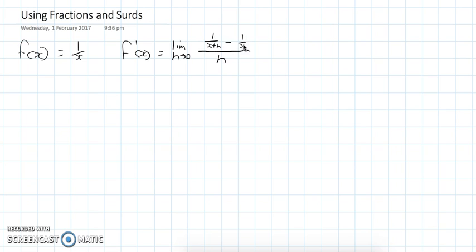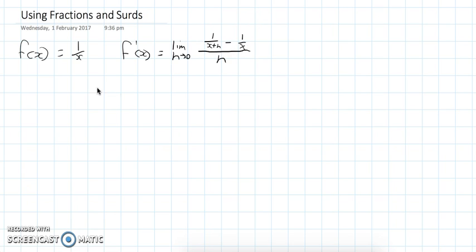So how are we going to work out, how do we fix all of this? Because at the moment it looks pretty ordinary. Well, let's just take the top bit here, and what we're going to do is multiply both sides here by our lowest common denominator. So let's look, we've got x plus h and x.